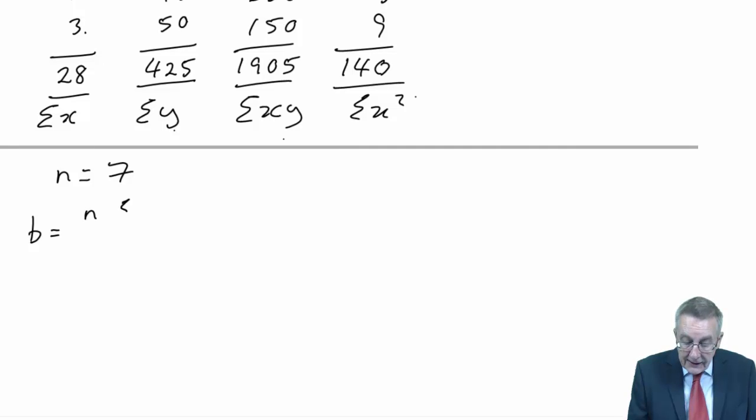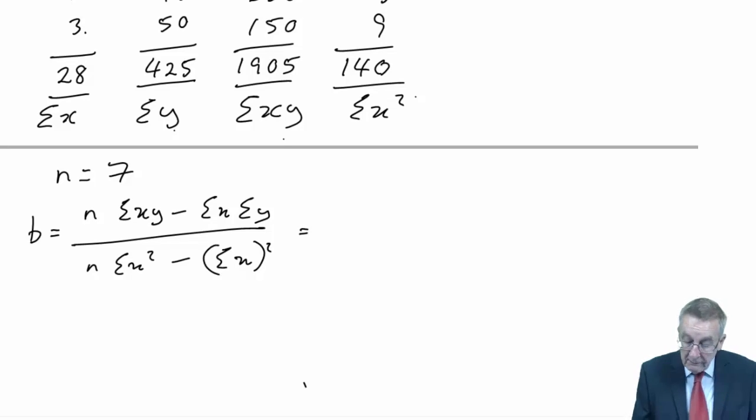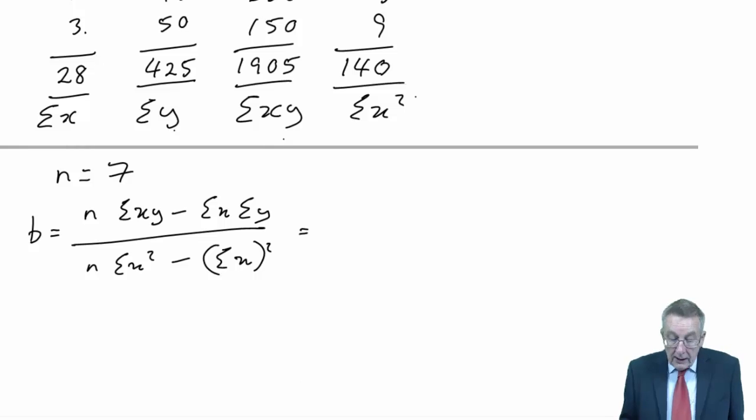B is n sigma xy minus sigma x sigma y, divided by n sigma x squared minus sigma x all squared. So let's do it. N is 7.